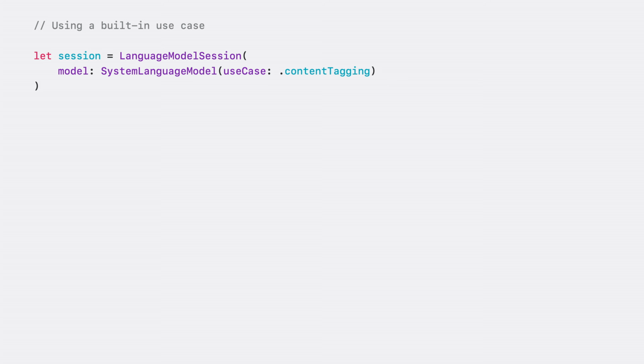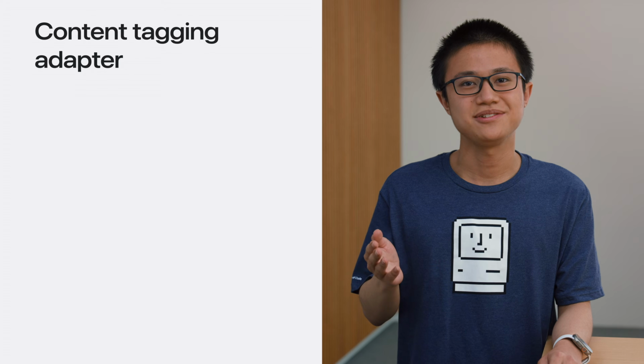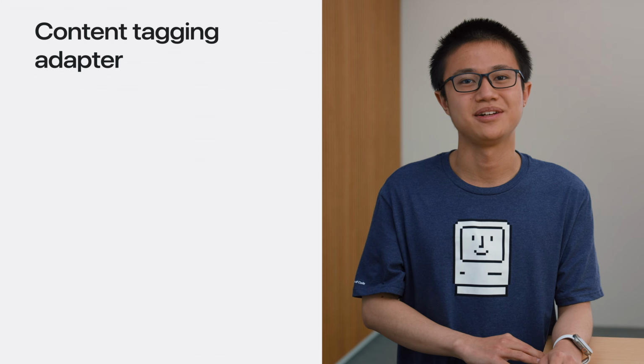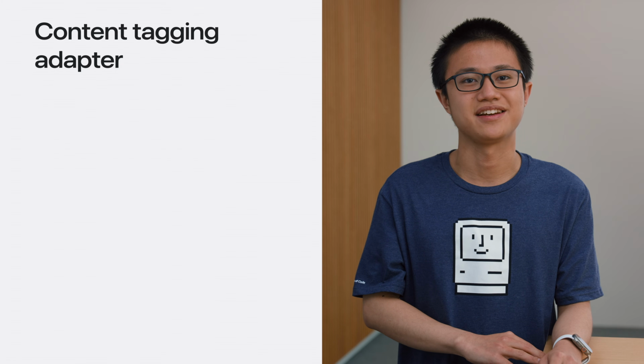If you find a built-in use case that fits your need, you can pass it to System Language Models Initializer. To understand what built-in use cases are available and how to best utilize them, check out our documentation on the developer website. One specialized adapter I want to talk more about today is the Content Tagging Adapter.